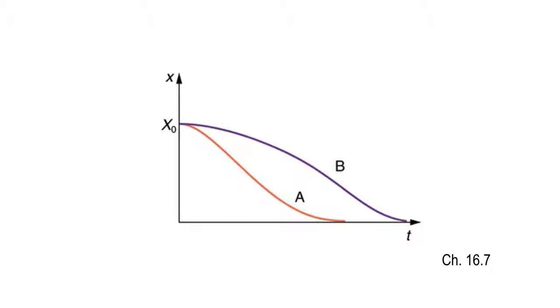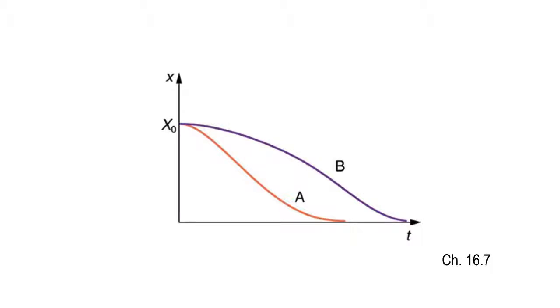B, the darker curve, is overdamped. It will do the same thing. Eventually, you'll get to zero, but it takes a lot longer. The critically damped case is the minimum time to get to equilibrium and stay there. All right? So those are some nice diagrams from 16.7.